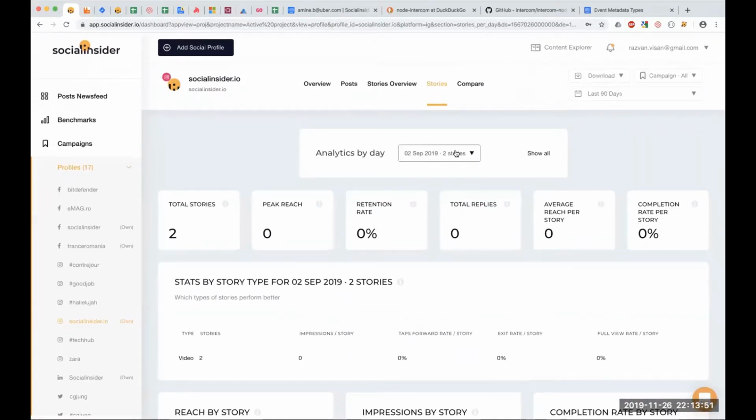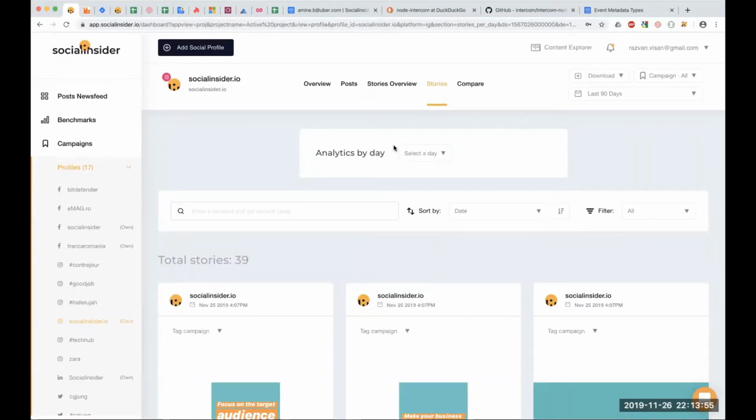But the main thing to note here is that the stories are only available from the first day you add your own Instagram profile onwards. So historical data or analytics about the stories will not be available. Again, this is an API limitation.